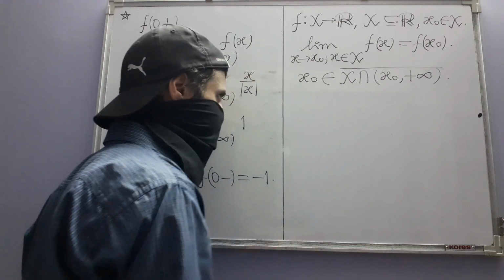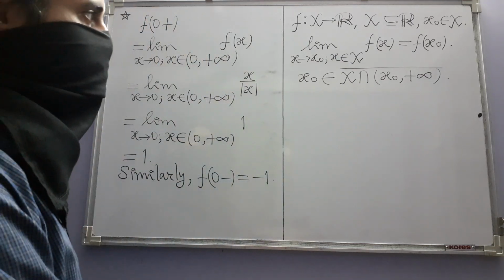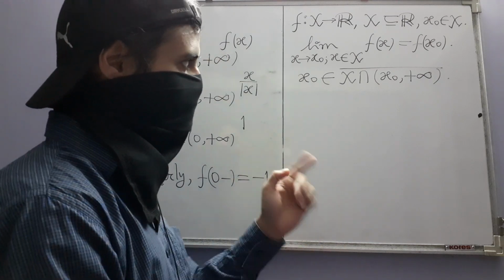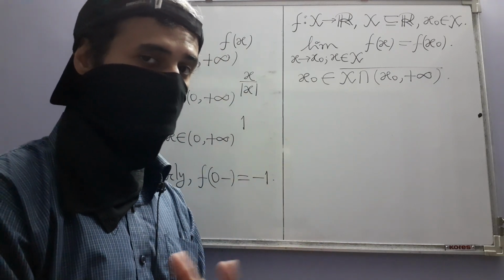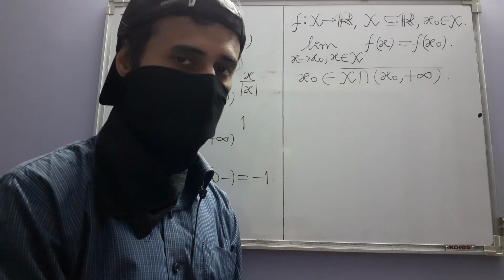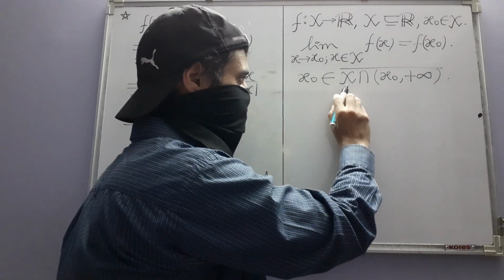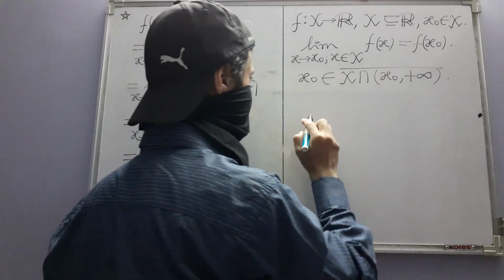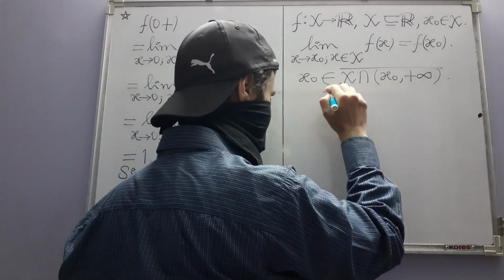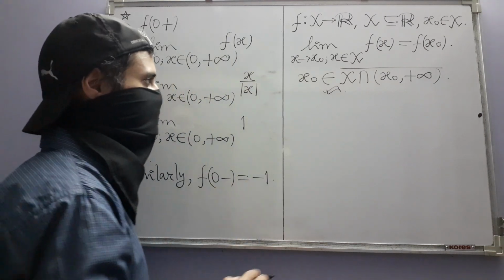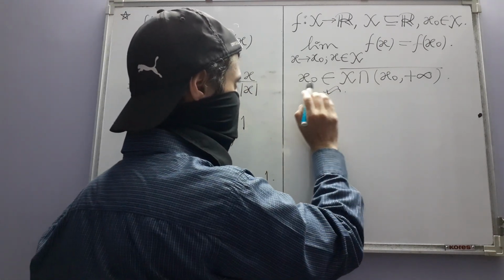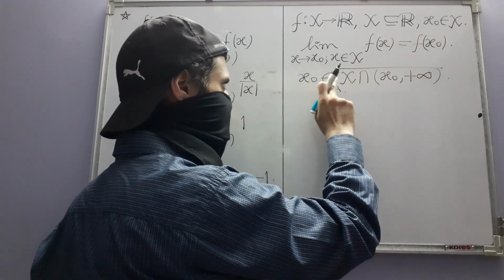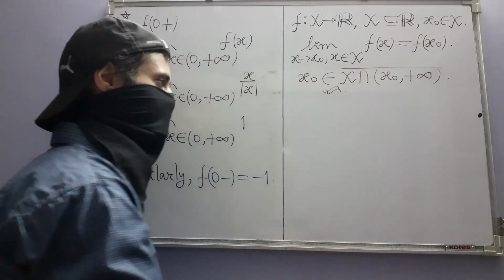If you go back to the section where we discussed closures of sets and their intersection, you will see that yes, this is actually true. Note that x naught is an element of X itself, and so x naught is an adherent point of X as well.